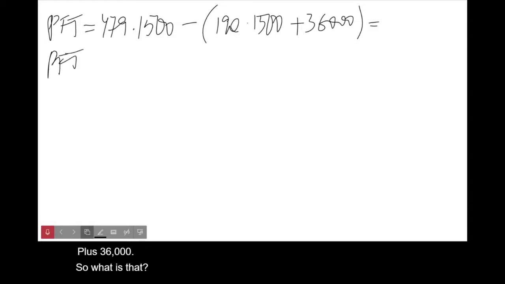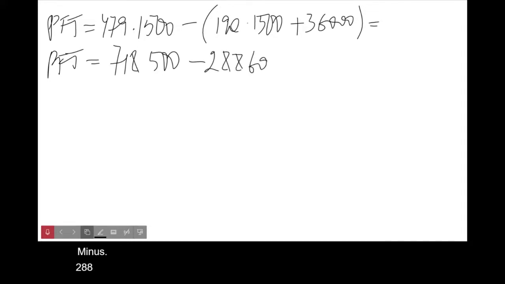Profit, we can continue like that: 479 times 1,500 is 718,500, minus 288,600.